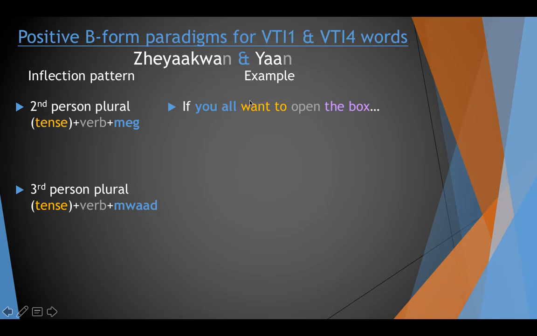So that goes in front of the verb. So if is gishbin, then we'd have our tense marker we, then our verb for open jeakwa, then you all is meg, and then the box is imkuk. So gishbin we jeakwa meg imkuk should be our translation for this one. And that's what we got right here.